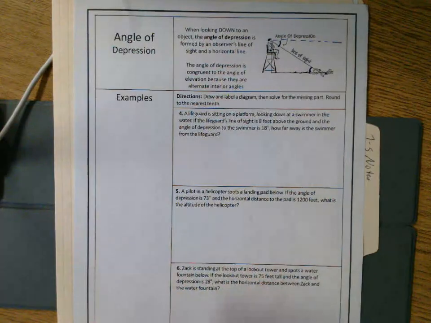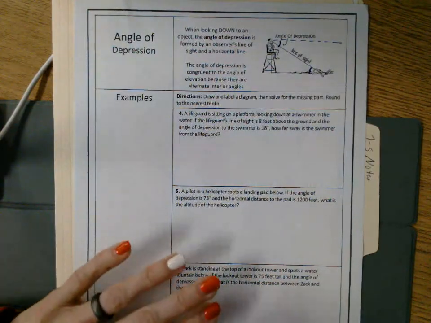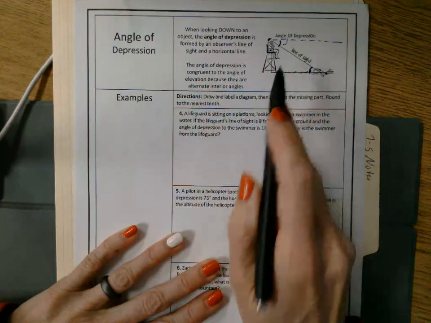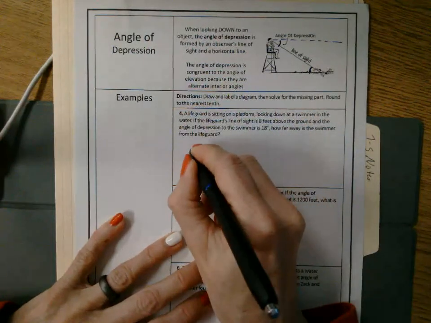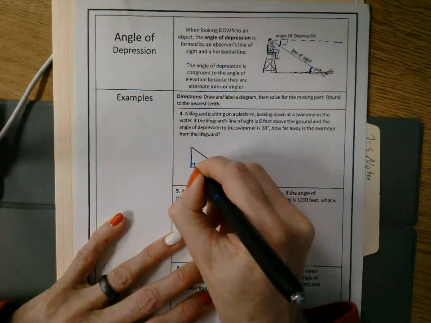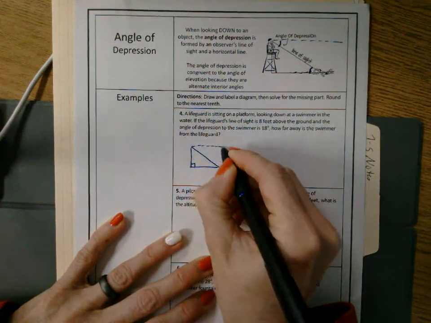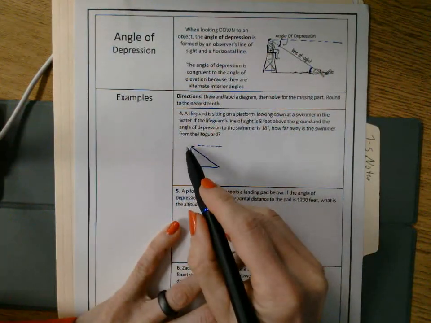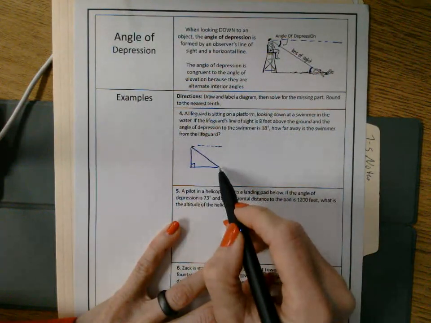Okay? So we're going to draw pictures and find the missing parts again. So a lifeguard is sitting at a platform. Okay, so it's going to be a lot like this picture up here. So let's draw our triangle. Draw this little dotted line that kind of represents the angle of depression. So the lifeguard is sitting up here at the top of the platform looking down at a swimmer in the water.